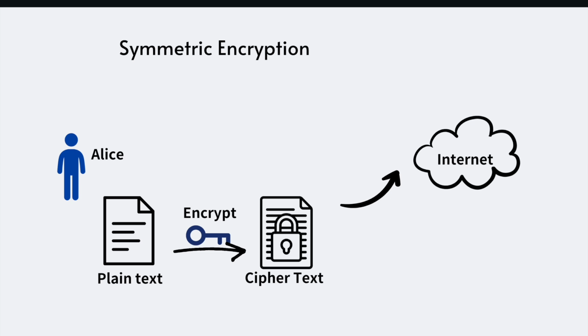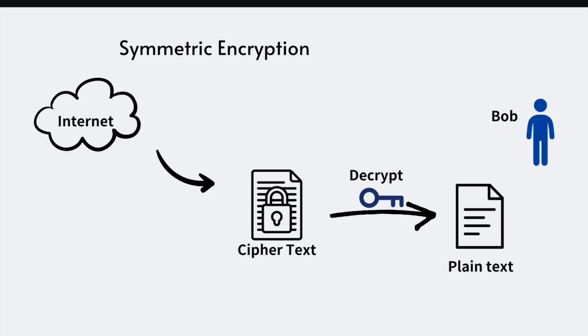If Alice wants to send a message to Bob, she will use this key to encrypt her plain text to ciphertext and send the ciphertext to the internet. Then Bob can get the ciphertext from the internet. Then Bob can use the same key to decrypt the data, and he can get the plain text from Alice.